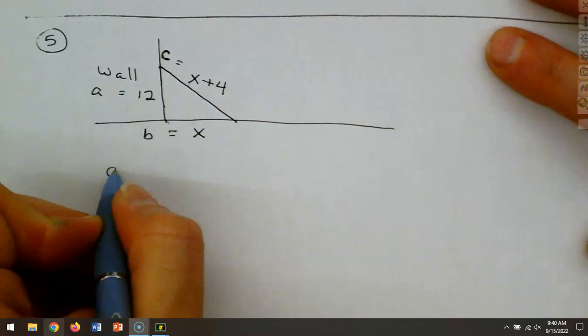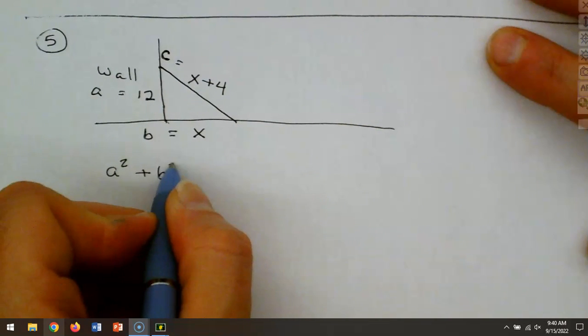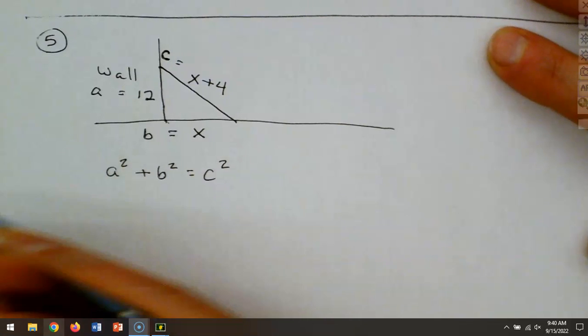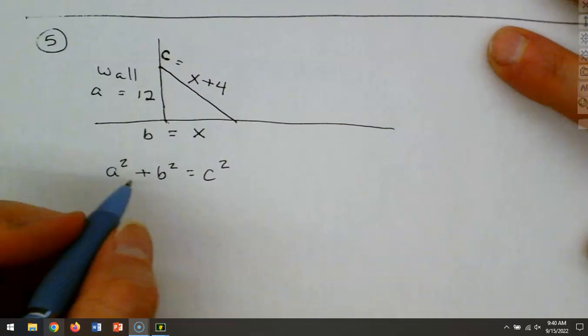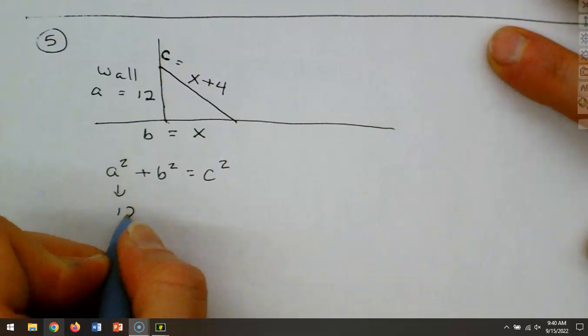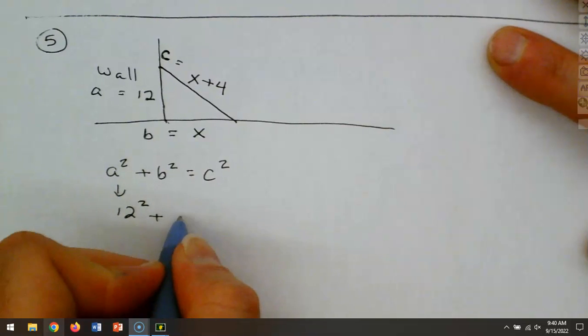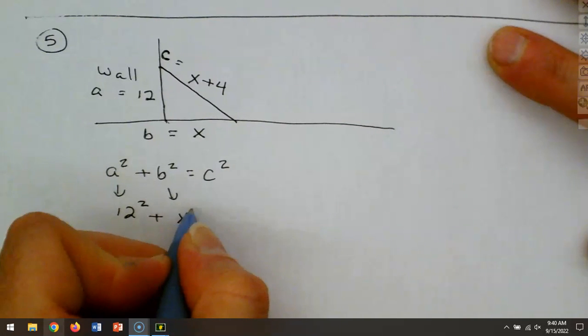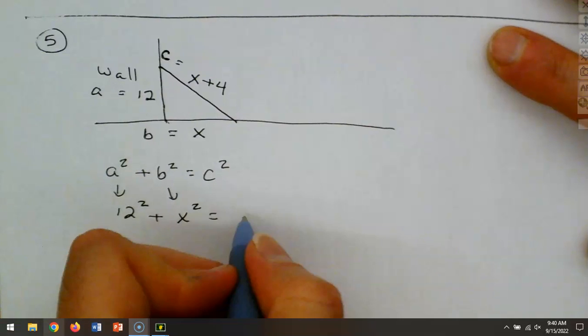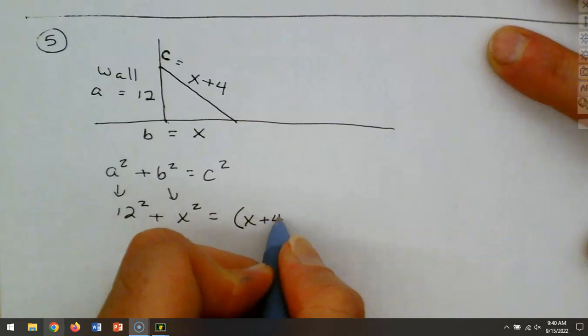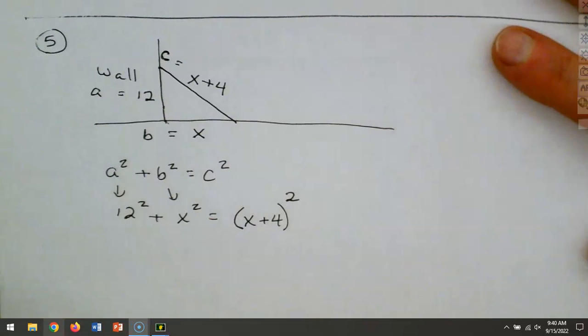And we know that a squared plus b squared equals c squared. So now when we fill it in, we've got 12 squared plus x squared equals x plus 4 quantity squared.